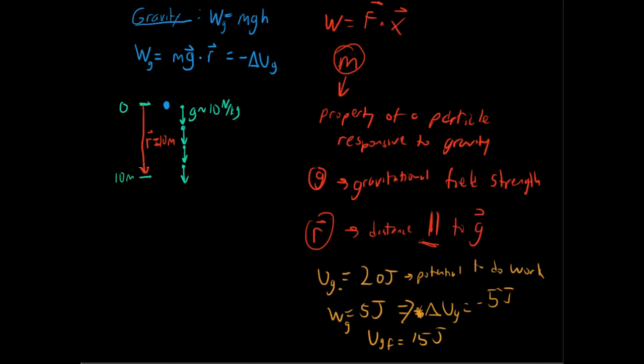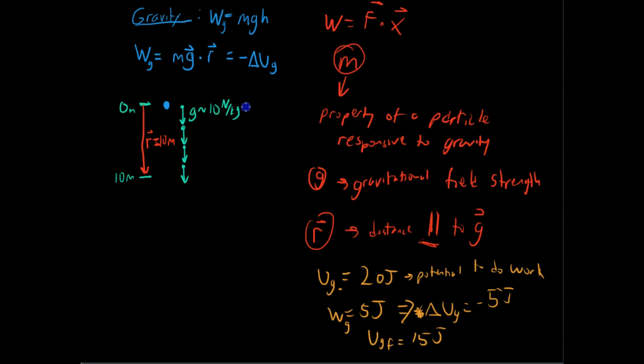Now let's look at the picture that I have over here. So here is 0 meters. This is our starting point. And we're going to go 10 meters in a field of about 10 newtons per kilogram. Typically we've used g as 9.8, but just for ease of calculations, we'll leave it at 10 for now.